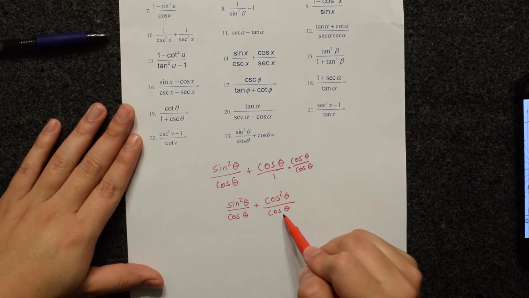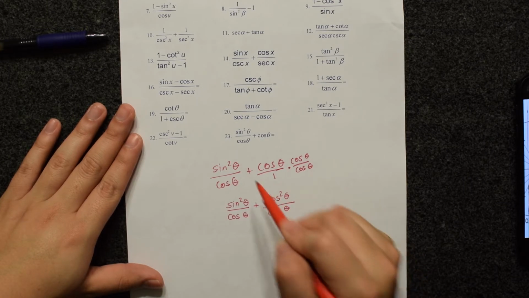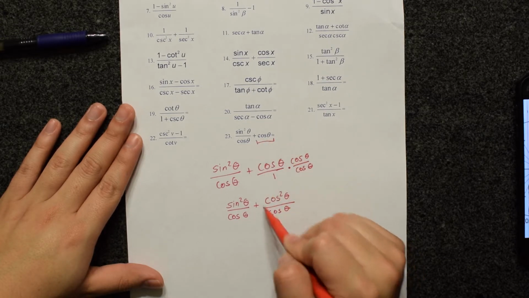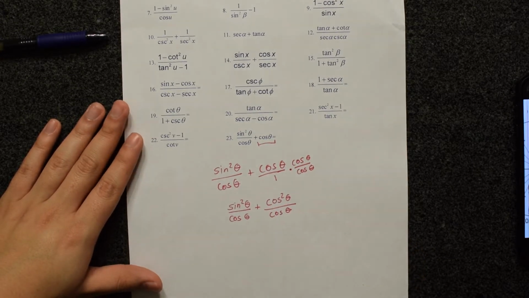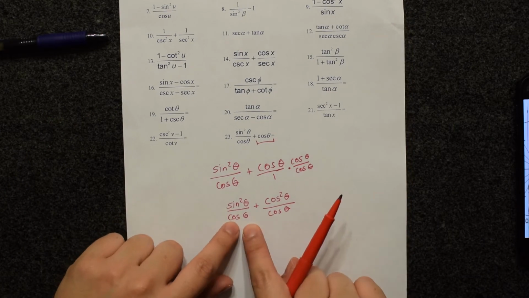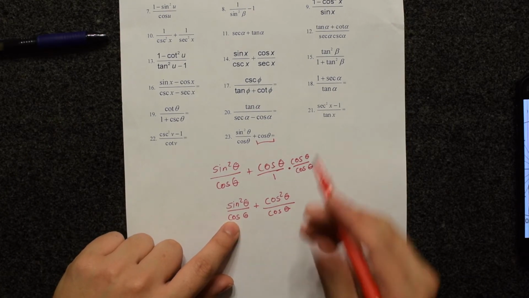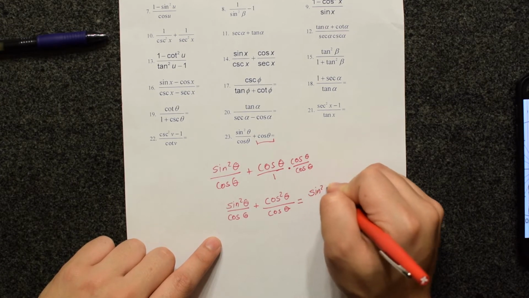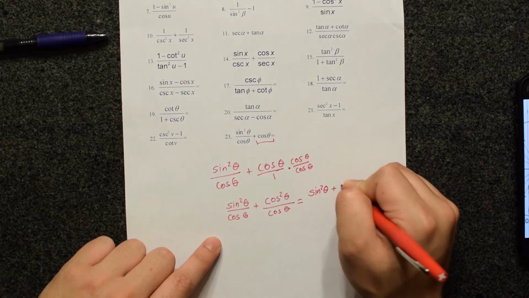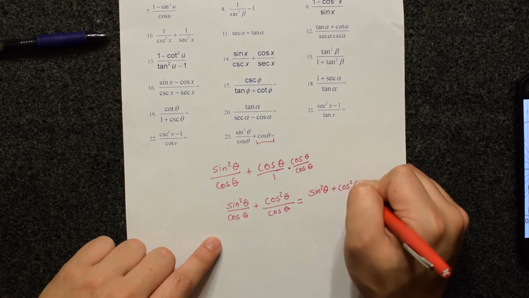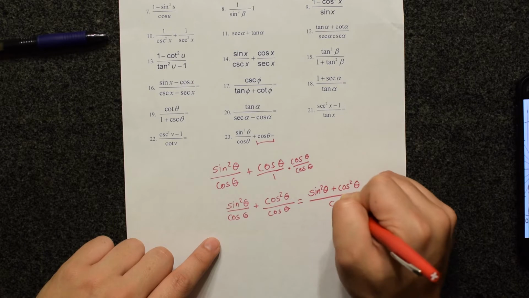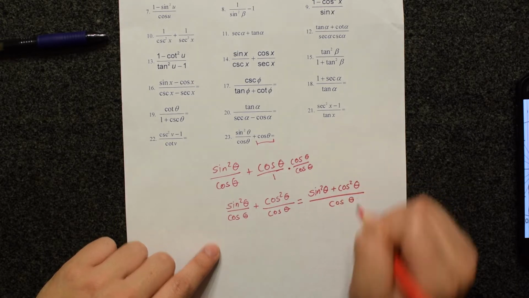See, if I were to cancel out one of the cosines, I would still go back to my original cosine theta instead of it being cosine squared over cosine. But this actually helps us because now that we have the same denominator, we can add these together. This gives me sine squared theta plus cosine squared theta all over cosine theta.